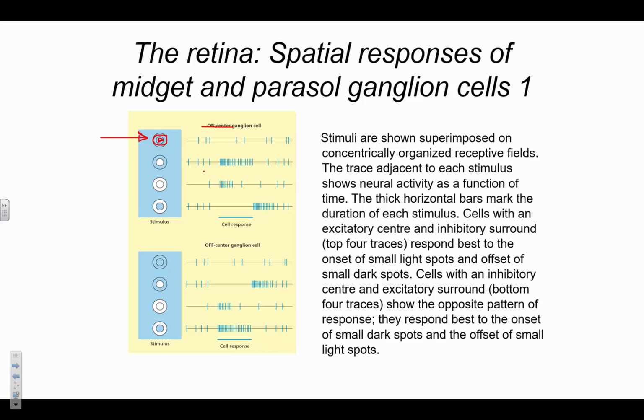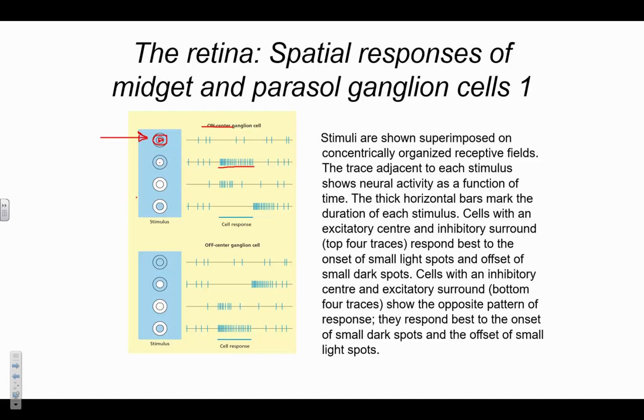If light falls into the center, that cell gets really excited, because it is an on-center cell. If it's an on-center, then the surround is off, because it's center-surround opponent processing. So if the center is on, the surround will be off.